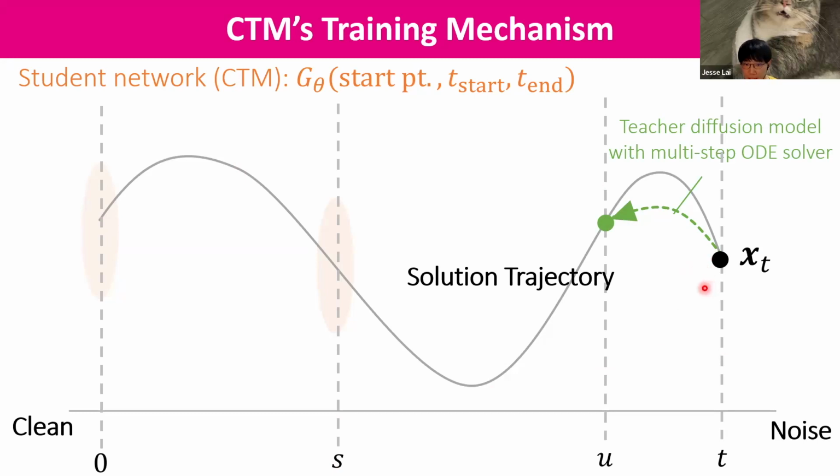But for CTM, we use what we call the soft consistency in our paper, where we randomly sample U between S and T. And this U is random. I mean, it can freely decide what teacher information will be distilled from.